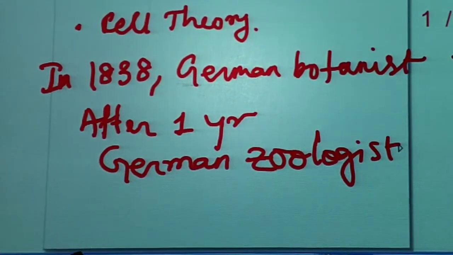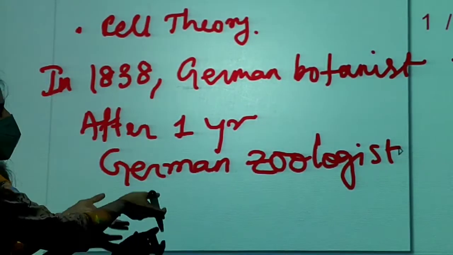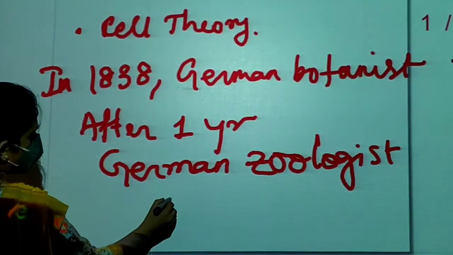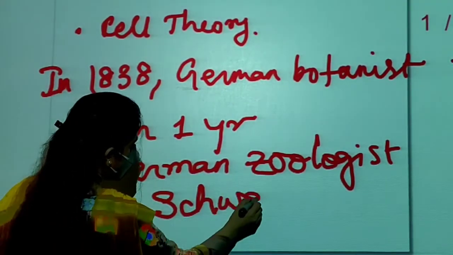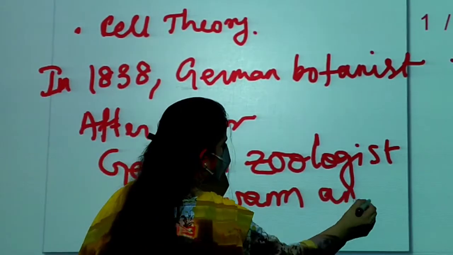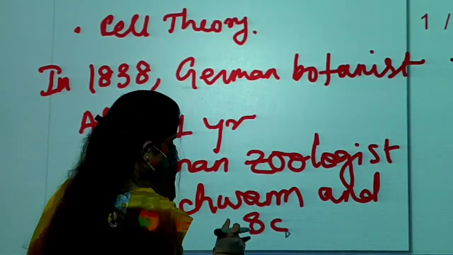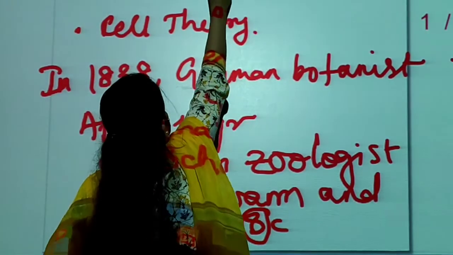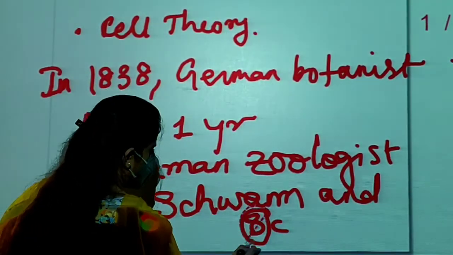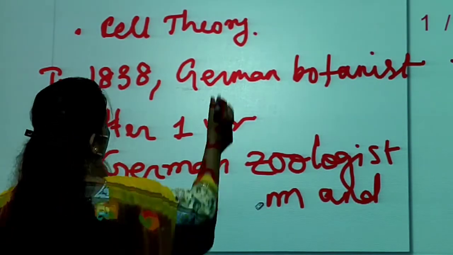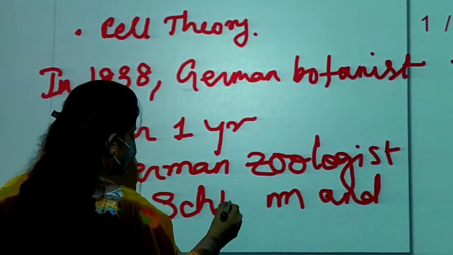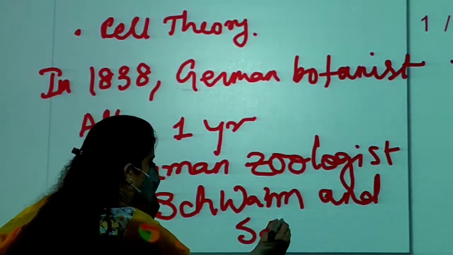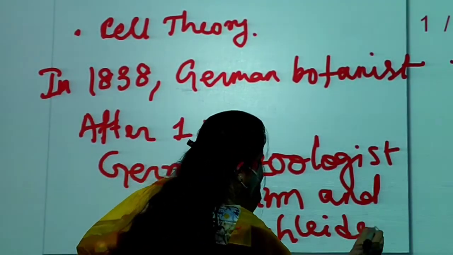In short, when we combine these, the theory is named the Schwann and Schleiden theory.